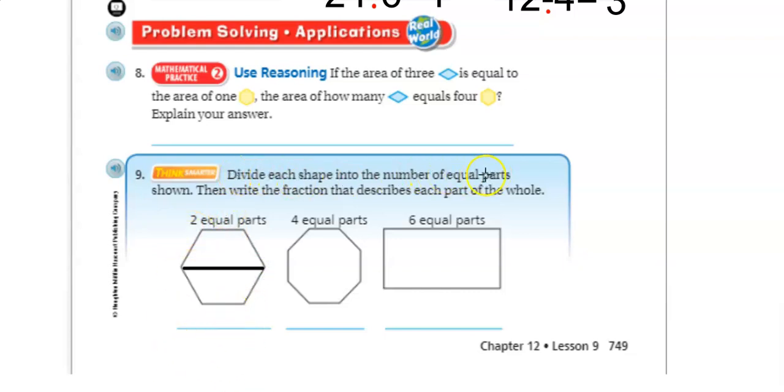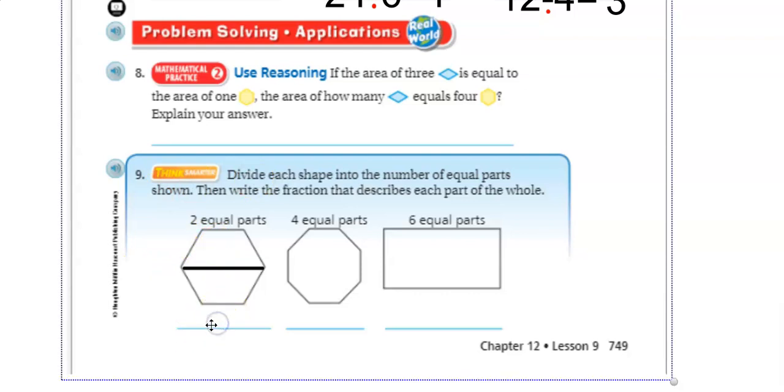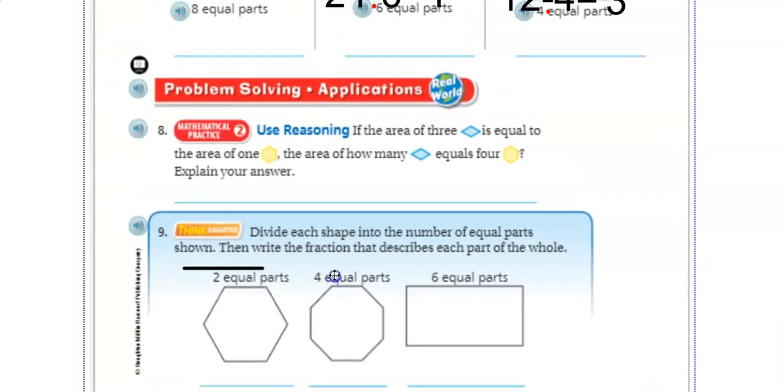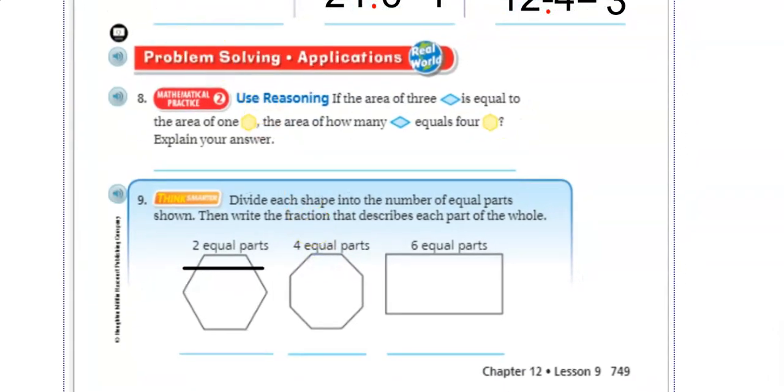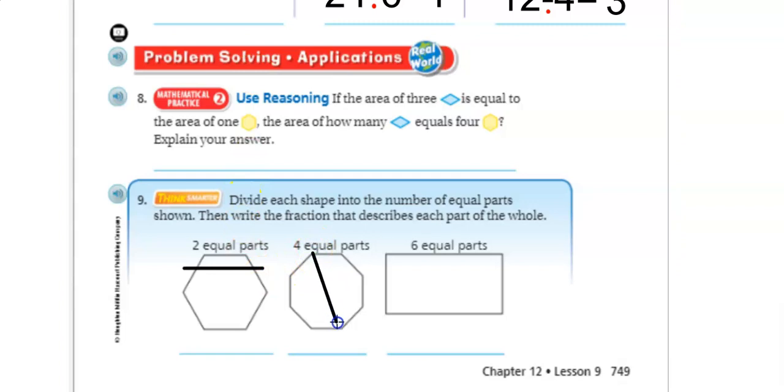Divide each shape into the number of equal parts. Then write the fraction that describes each part. There's 1/2, 2 halves. So you'd write 1/2 here. Down below, 4 equal parts. So you want to divide this into 4 equal parts. I'm going to go from here to here.